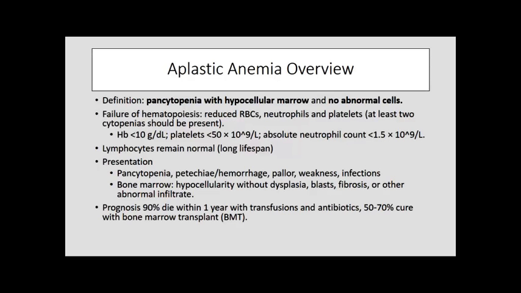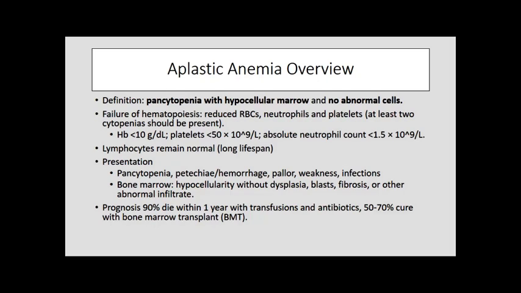And the next thing is aplastic anemia. Aplastic anemia means no production of blood cells of the three types. By definition, this is a pancytopenia with hypocellular marrow. If you do a bone marrow aspirate or a bone marrow biopsy, no cells are going to be found there.